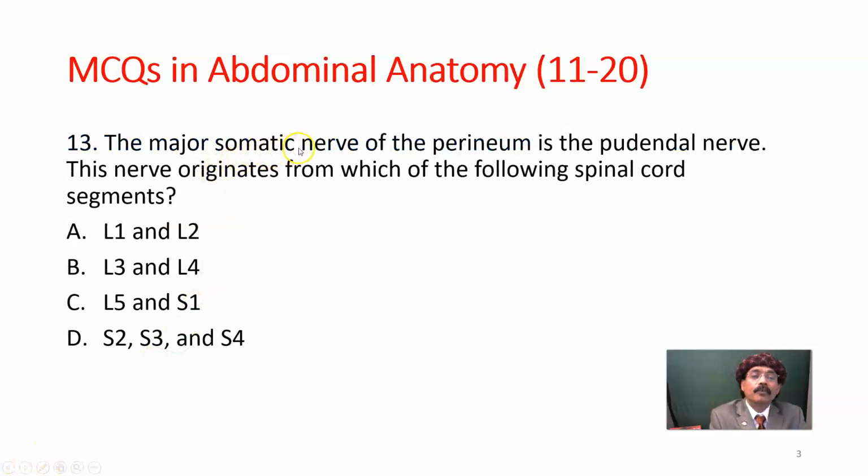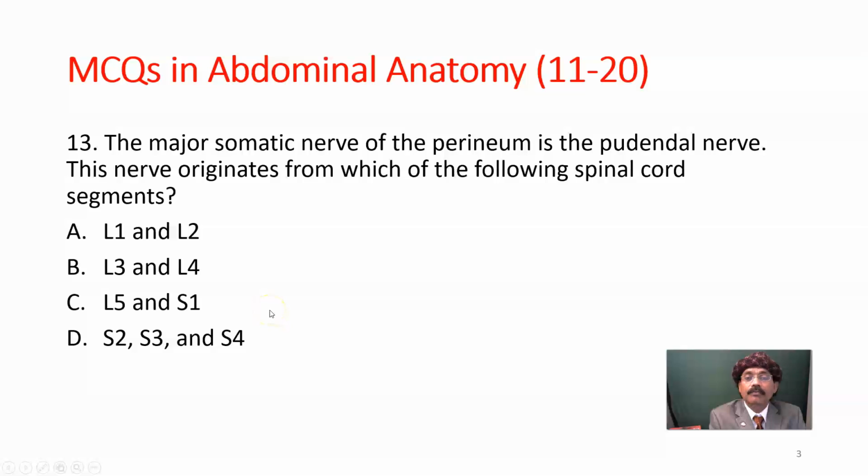The major somatic nerve of the perineum is the pudendal nerve. This nerve originates from which of the following spinal cord segments? Our nerve is the pudendal nerve. Does it come from L1 and L2, L3, L4, L5 and S1, or S2, S3, S4?